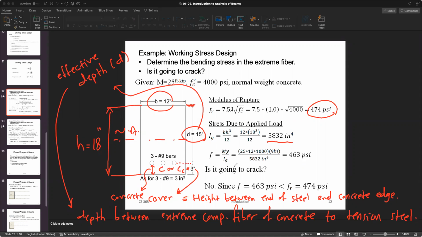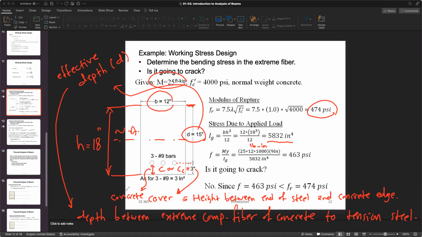Okay. So having this said, let's just continue with the stress here. So bending stress, what is the actual bending stress? Let's find it. It would be My over I, or Mc over I. So it would be the moment given to you. This is the applied moment, 25 kip-foot, okay? So this 25 kip-foot times 12 to make it kip-inches and times 1,000 to make it pound-inch. Y is the distance from the neutral axis, okay? So what would be the distance to the neutral axis?